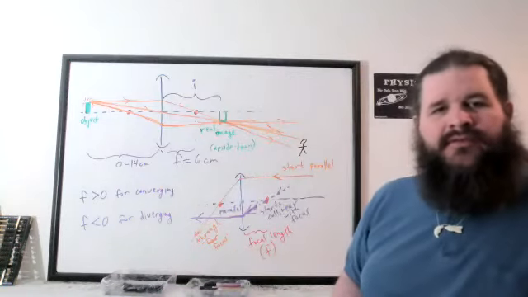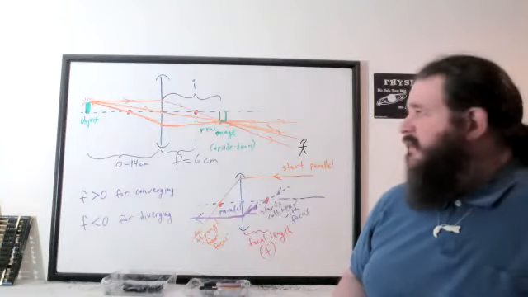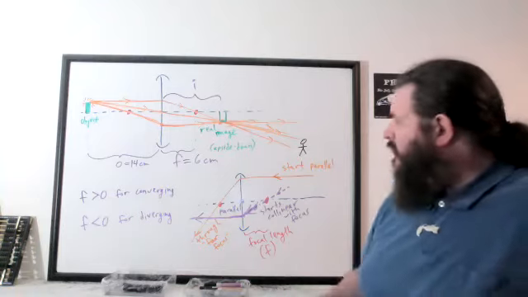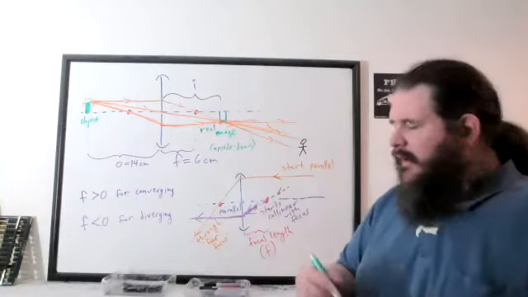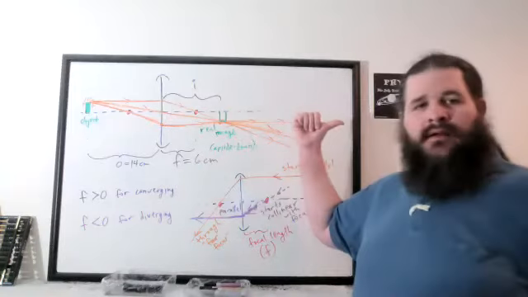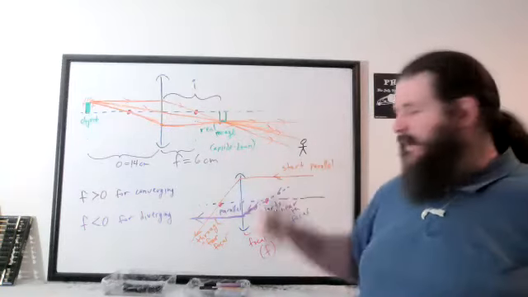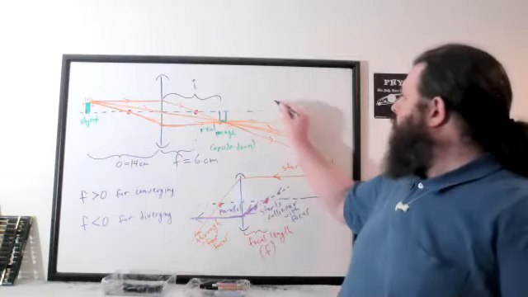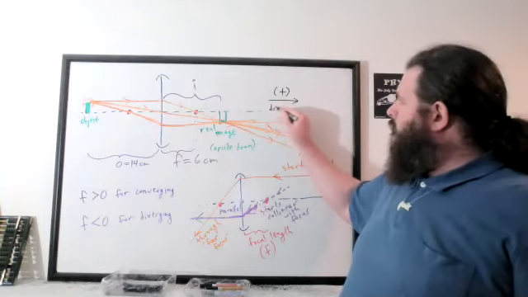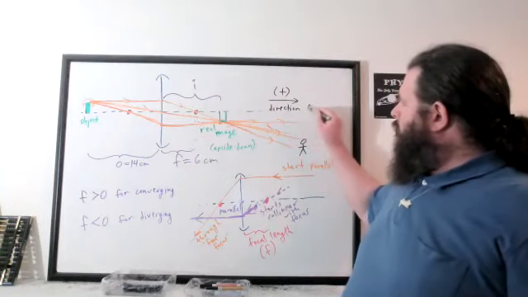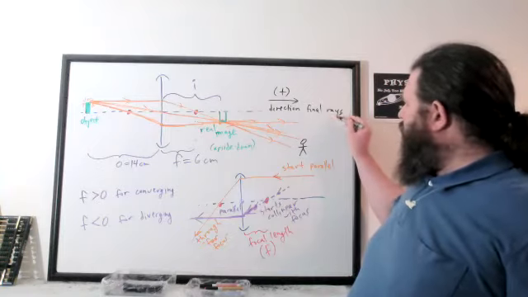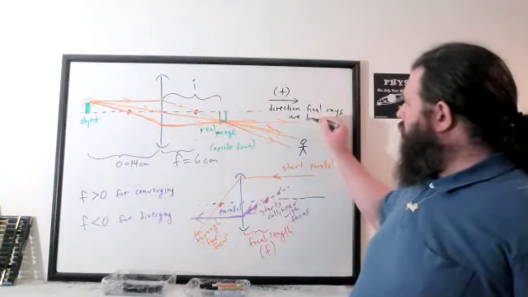And the usual rule of thumb we use for positive and negative is that the direction light is traveling at the end is the positive direction. For instance, in this case, after interacting with the lens, the final rays of light are traveling to the right. So in this context, we would treat to the right as the positive direction. The direction the final rays of light are traveling.